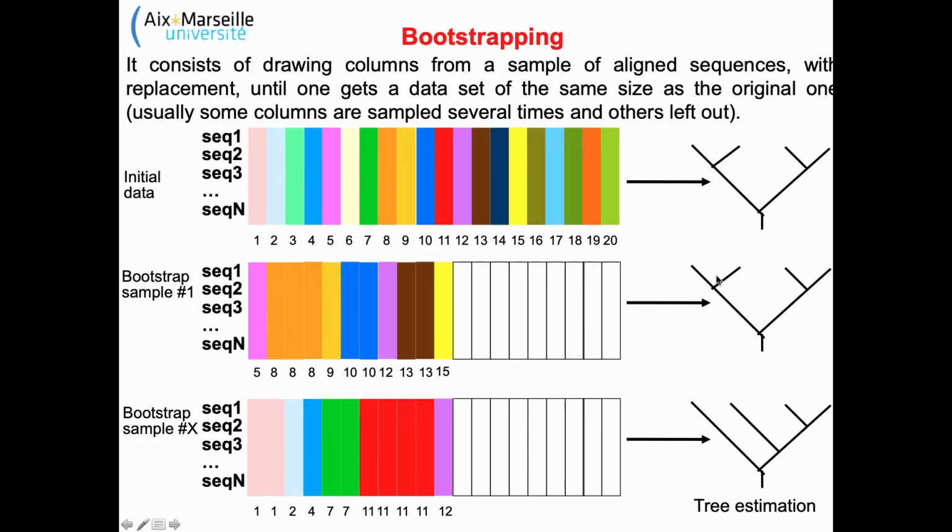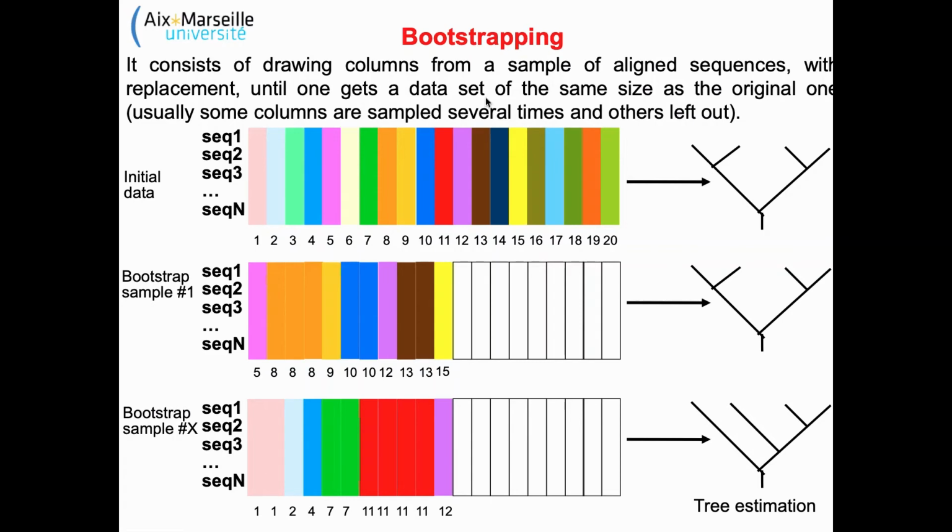If over the 100 trees you get that node only one time, it means that this node in your original tree is not consistent.